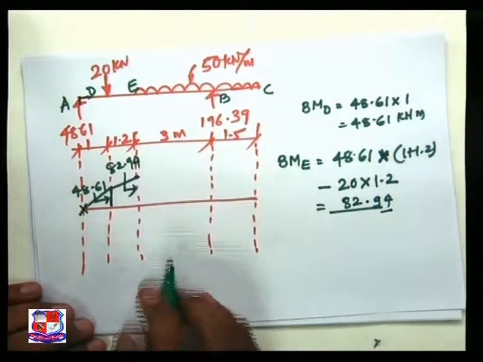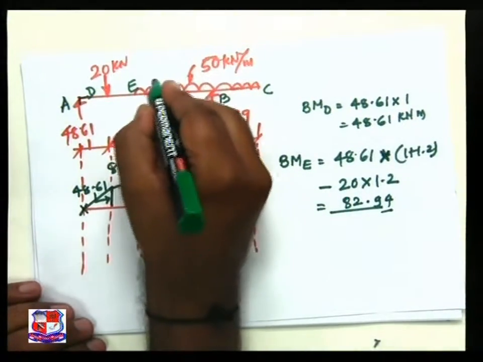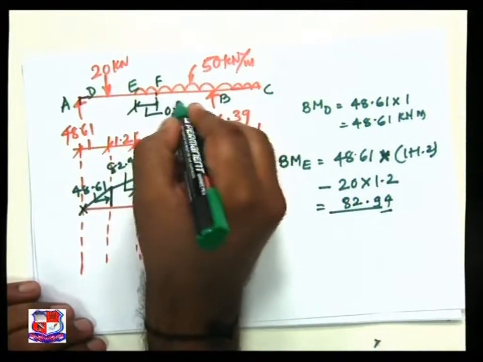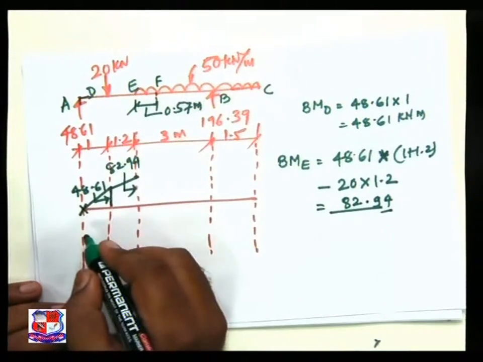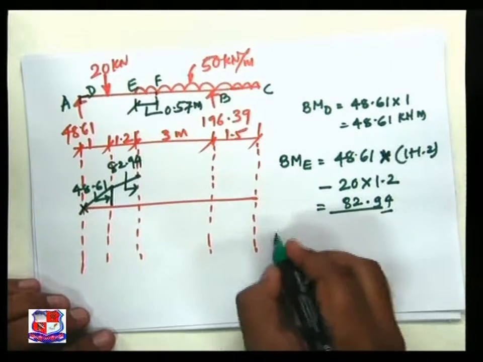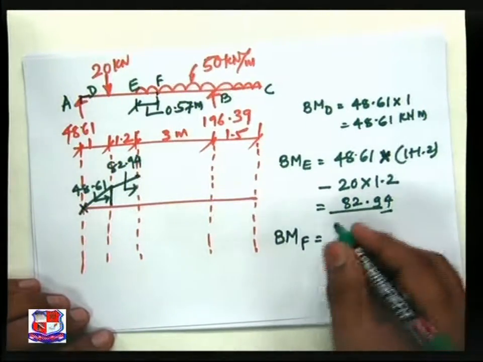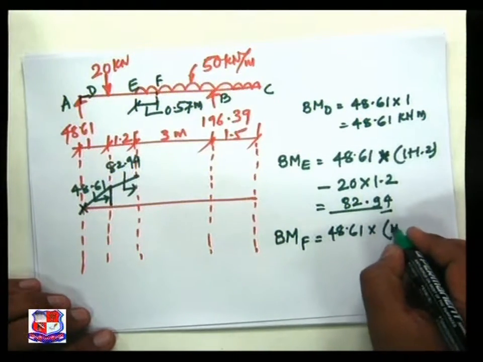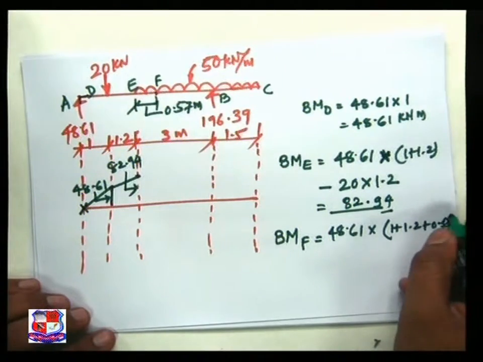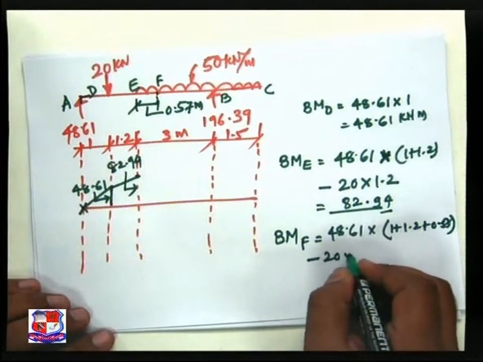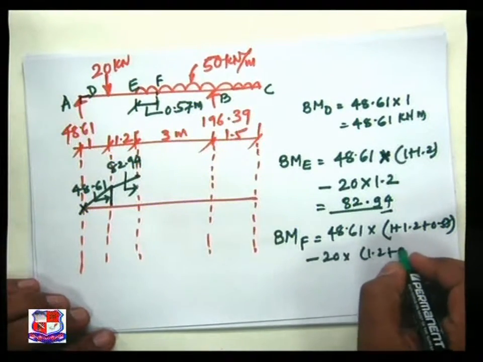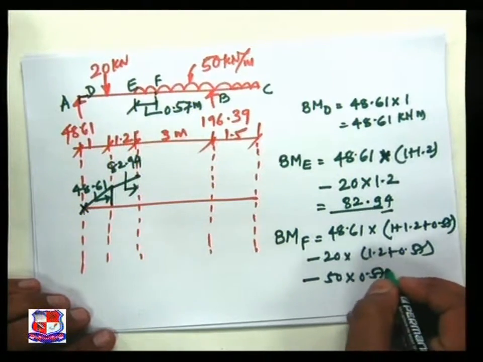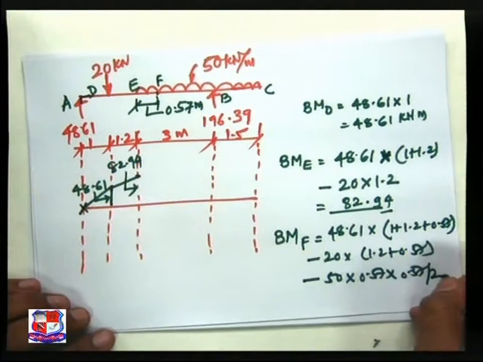Next, our next intention, because this is the F point, distance from E is 0.57 meter, where we get maximum bending moment. So bending moment at F is equal to 48.61 into 1 plus 1.2 plus 0.57 minus 20 into 1.2 plus 0.57 minus 50 into 0.57 into 0.57 by 2.